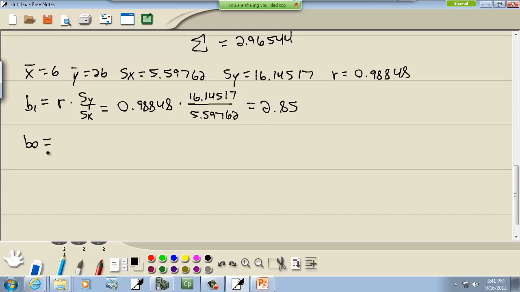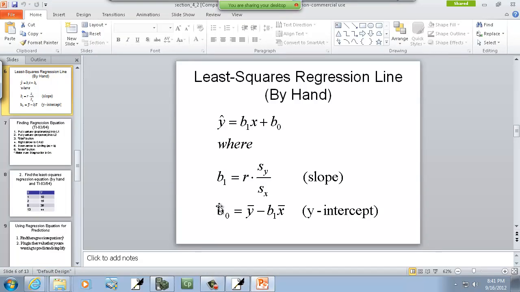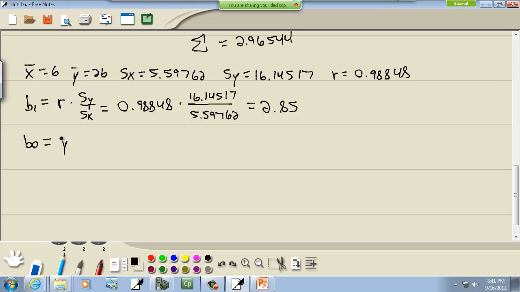And B naught. B naught would be Y bar minus B1 times X bar. Well, Y bar was 26 minus B1, which was 2.85, times X bar, which is 6.